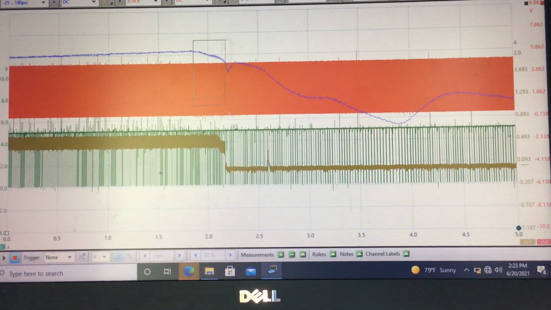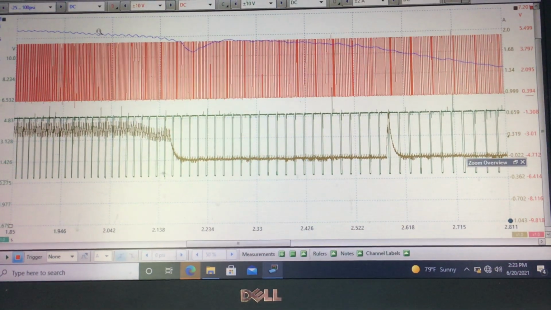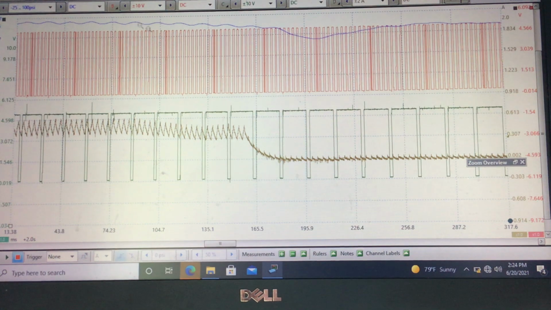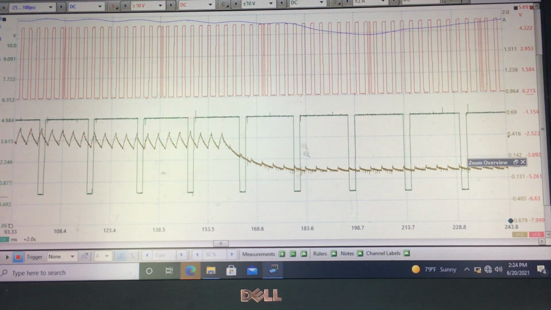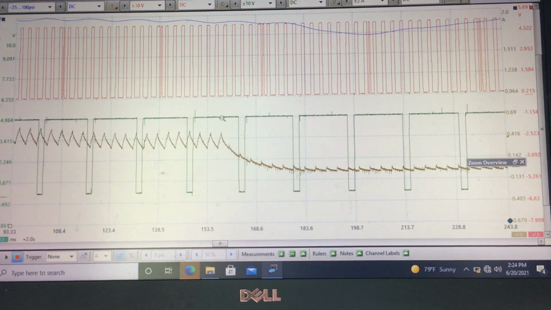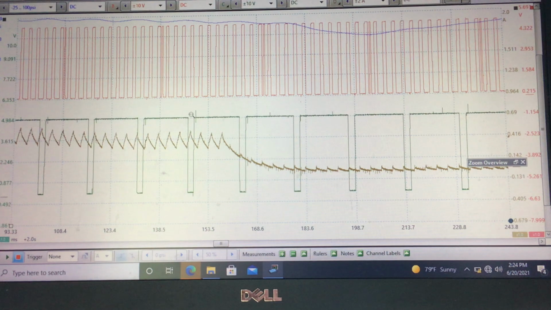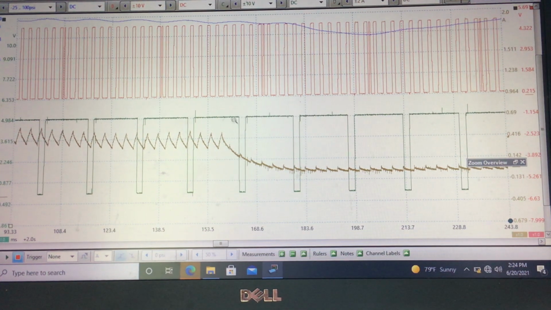So basically we see the relationship between the crank position and the cam position. The cam position is variable in green. That will go either advance to the left or go back home. When the car goes back to idle, it phases back home. It actually retards to its home position, but it's designed to phase to advance when it phases.